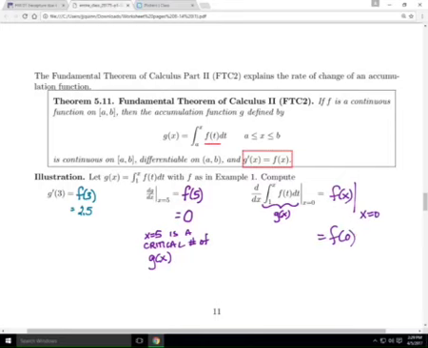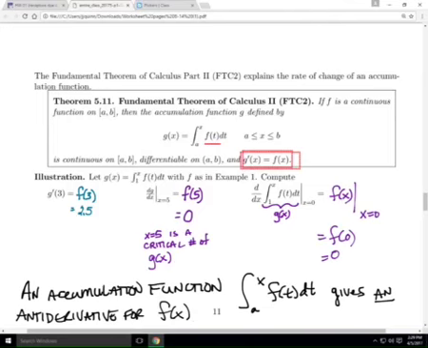Look back on the graph, and you find the answer is 0. So again, this accumulation function that we're looking at, the integral from a to x of f of t dt, is one antiderivative for the function little f of x.